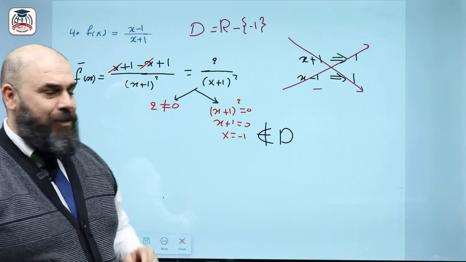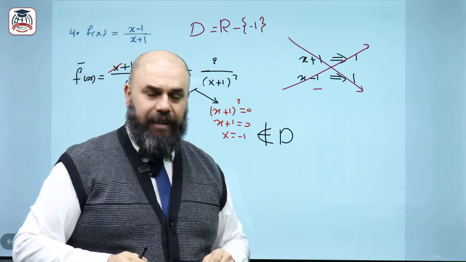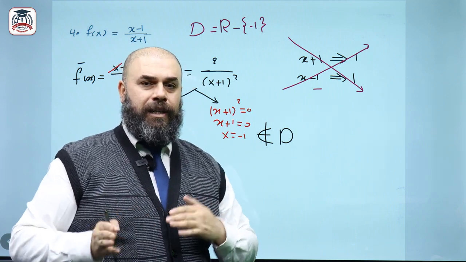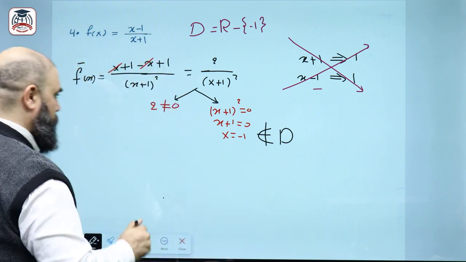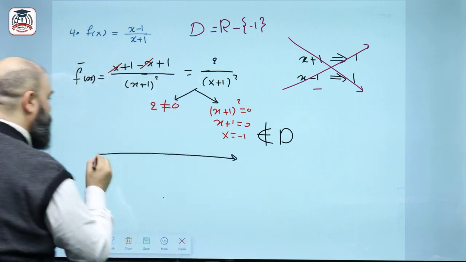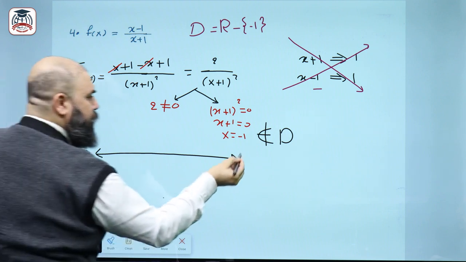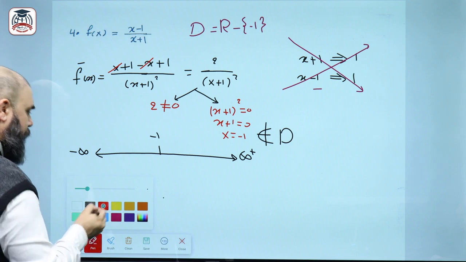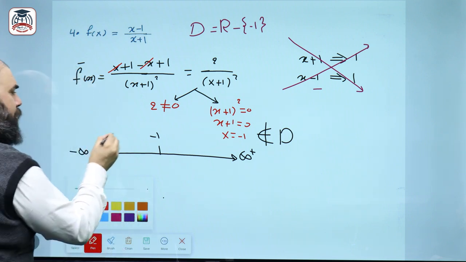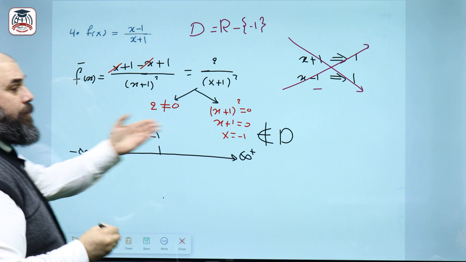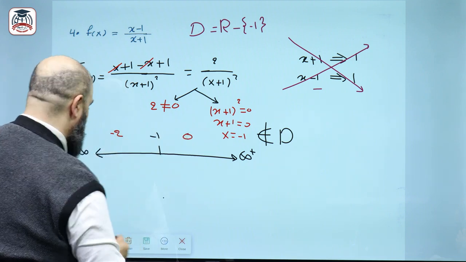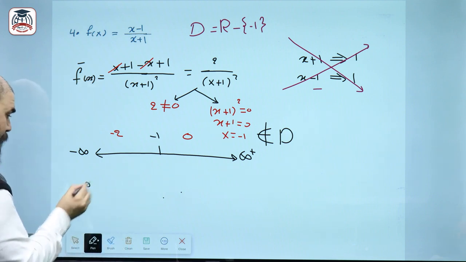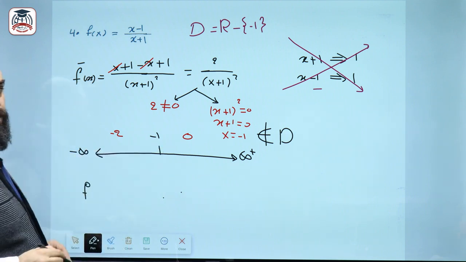But you can use this value to find the increase or decrease regions. On a number line from negative infinity to positive infinity, plot negative 1, and choose a number less than negative 1, for example negative 2, and bigger than negative 1, for example 0. Plug these into f prime of x to know the sign of each region.